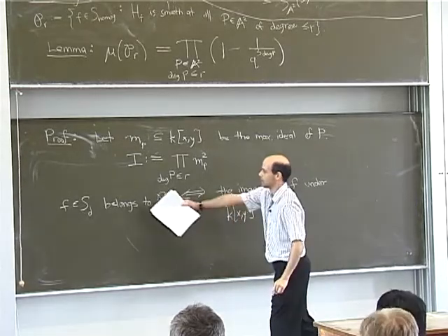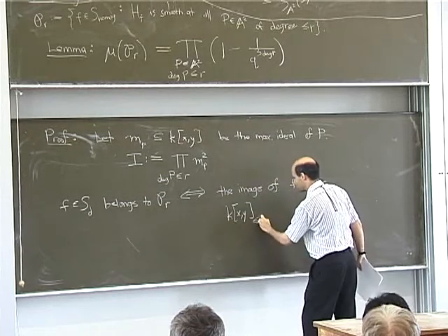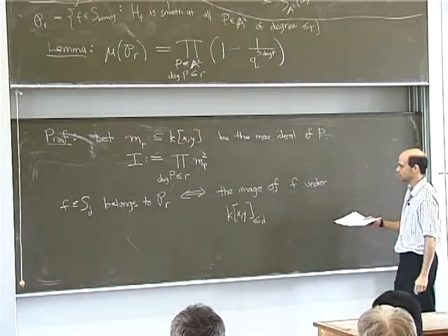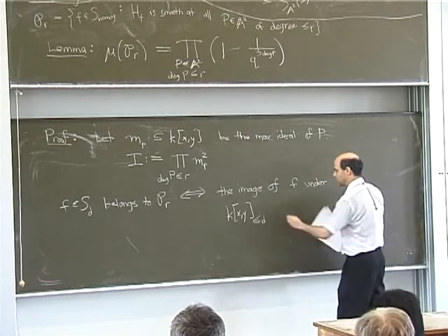S of D now I can really write as the polynomials of total degree up to D, because those are the dehomogenizations of homogeneous polynomials of degree D.